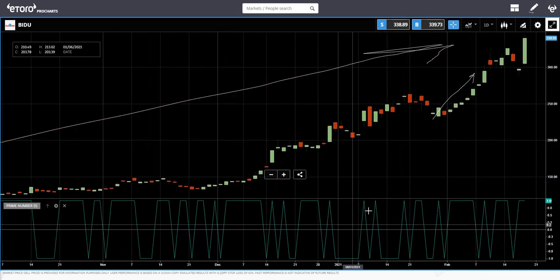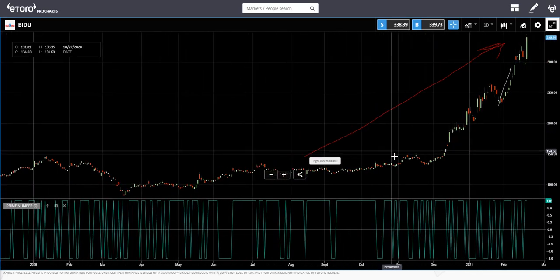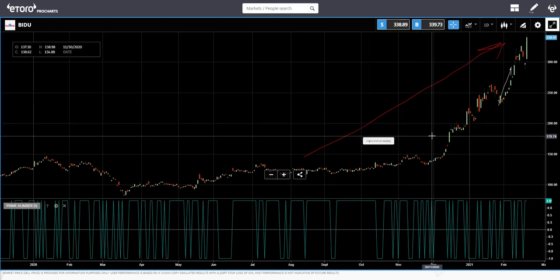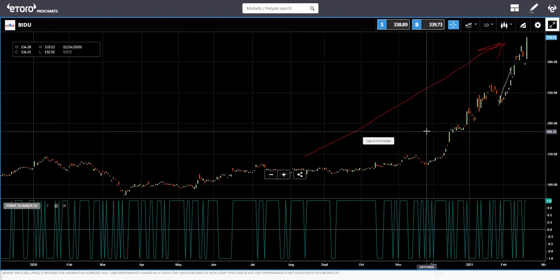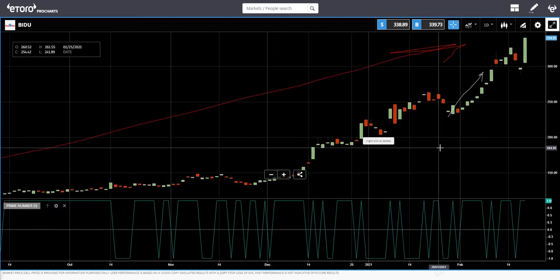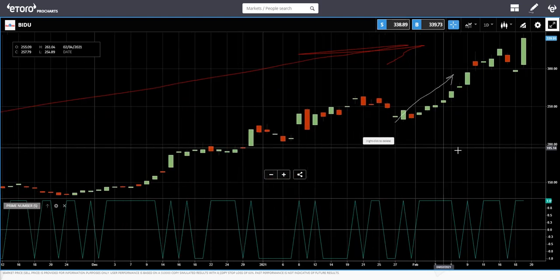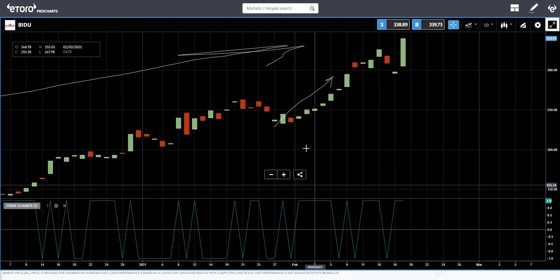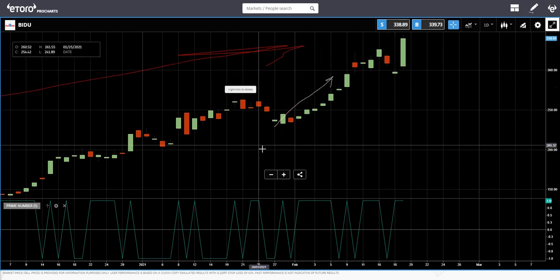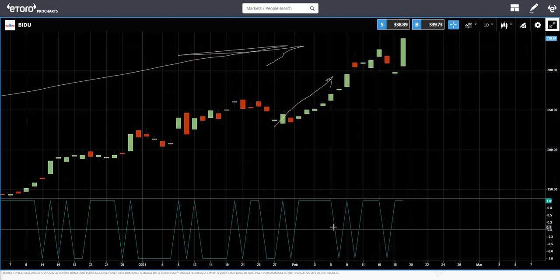What this indicator can help you figure out is two things: first is trend and second is signals. How can you find out the trend? You can see here, for example, an uptrend. Look at the indicator.